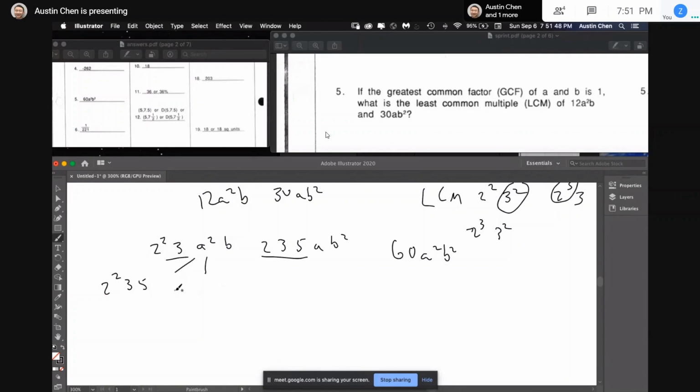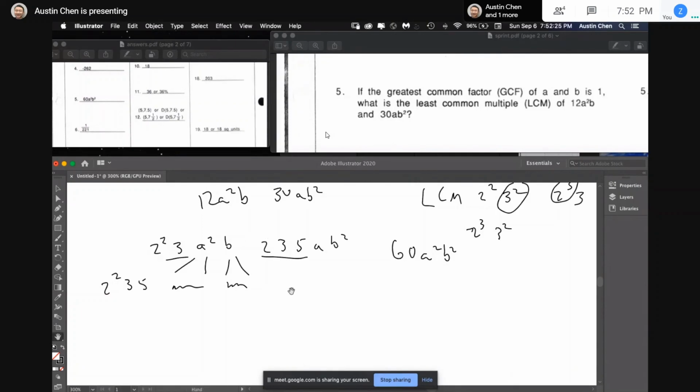We're going to have some primes from A and some primes from B. All of these primes are not going to be equal because A is relatively prime to B, and right now we're saying that A and B are also relatively prime to 2, 3, and 5. So they're not going to have any of those. Because these are new primes, we're going to include all of them in our least common multiple. That means having the highest power of A, which is A squared, and the highest power of B, which is B squared.